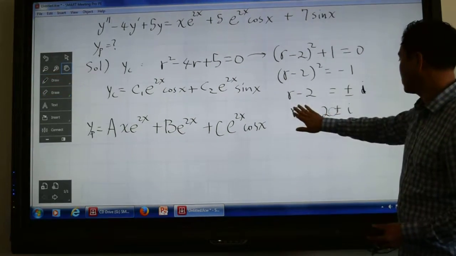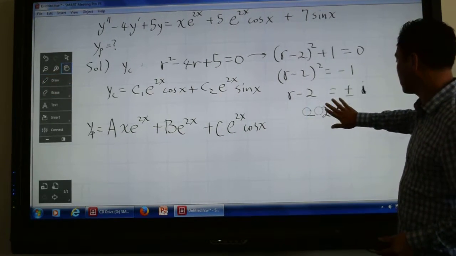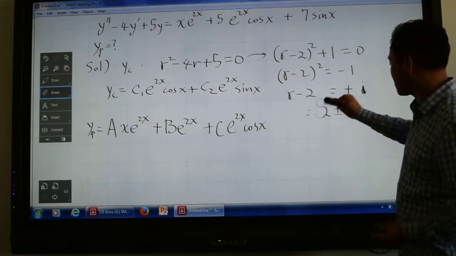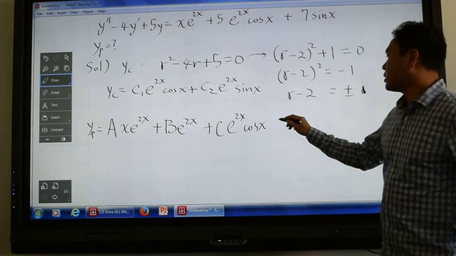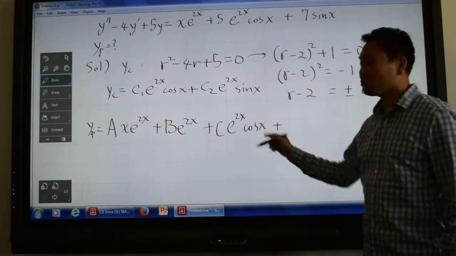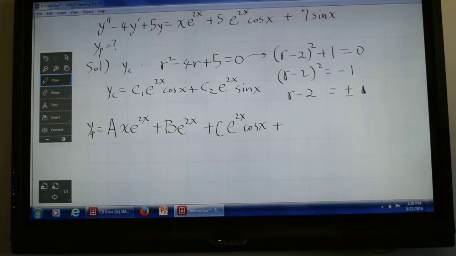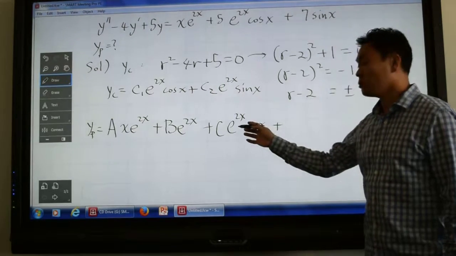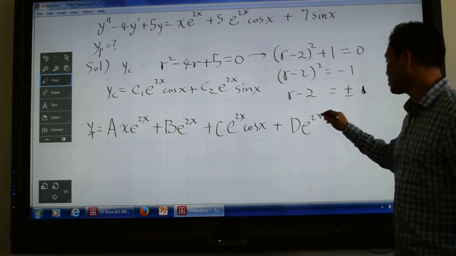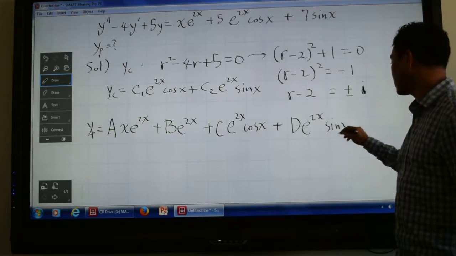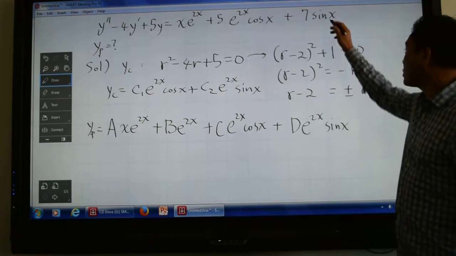And, let's just erase this part. All right, and then if you differentiate this, what would you get? If you differentiate cosine, you get sine, right? So you will get another one that looks like e to the 2x sine x. And then what about the sine x?